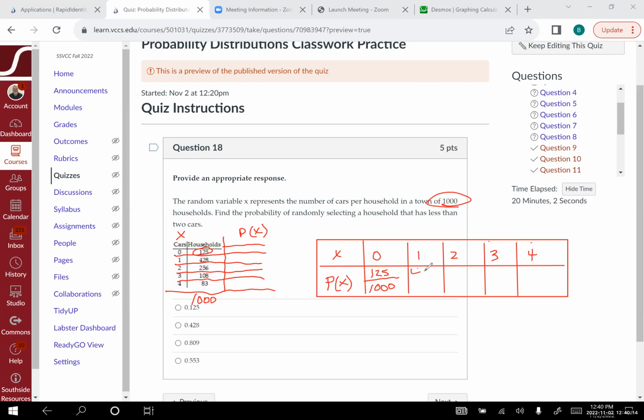All right, I'm just going to write it as a fraction. You're right. I'm not saying you're wrong. Write it as a fraction, because I think I'm going to have some adding to do. How about for two cars? It would be 256 over 1,000.